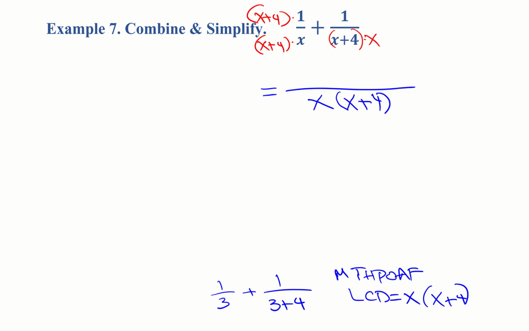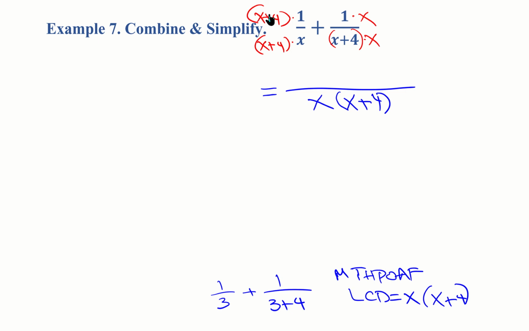And if we do that, we have to do exactly the same thing on the top, right? So notice that we now end up with x times x plus 4 as this denominator, and x times x plus 4 as this denominator. So these two denominators are now the same, and they're both this.